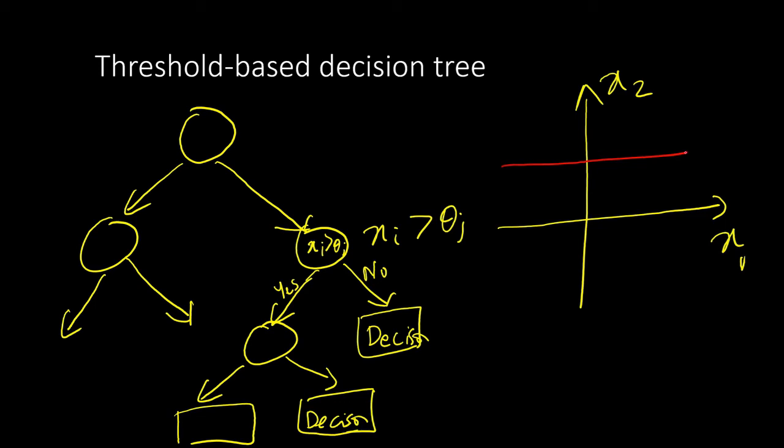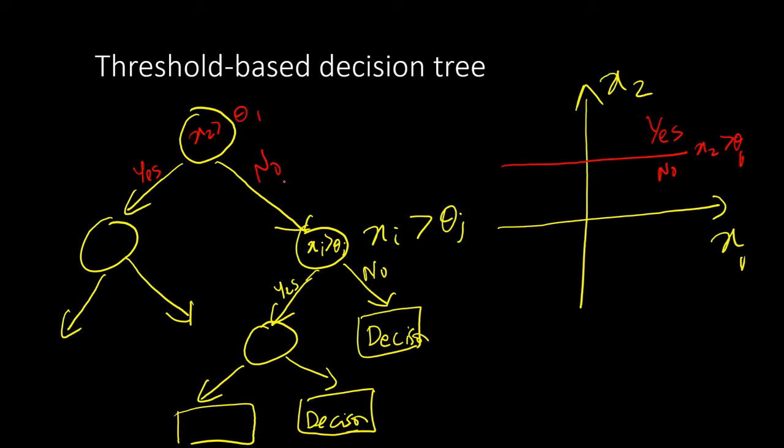So we will have x2 greater than theta 1. That is the decision we are making. This is the yes part and this is the no part.